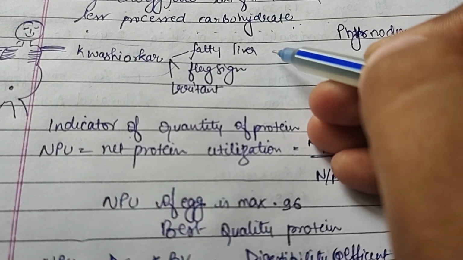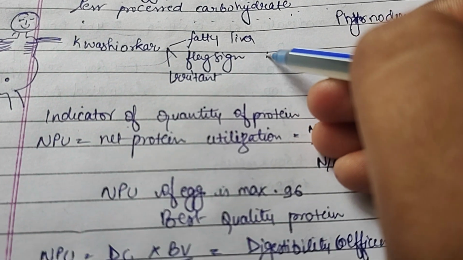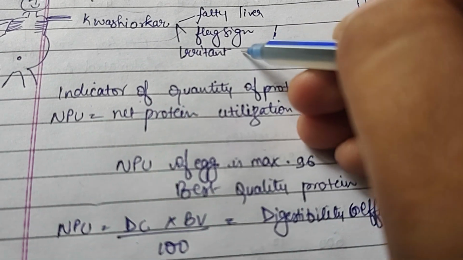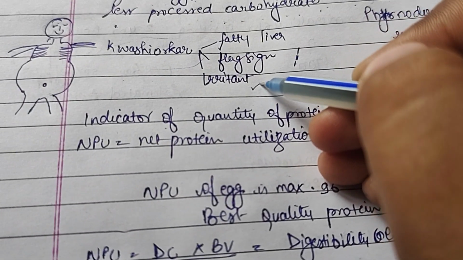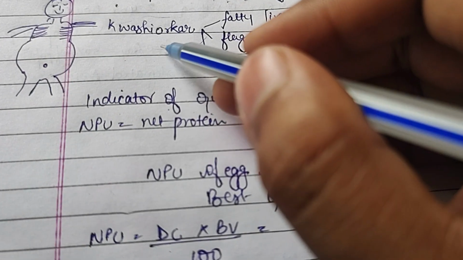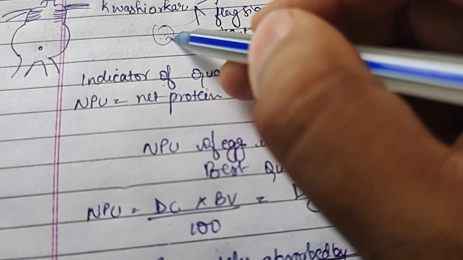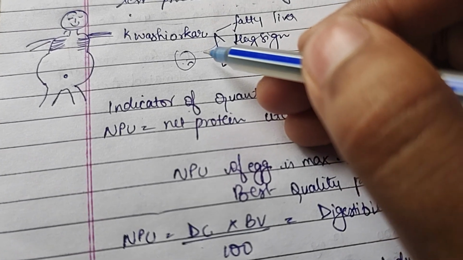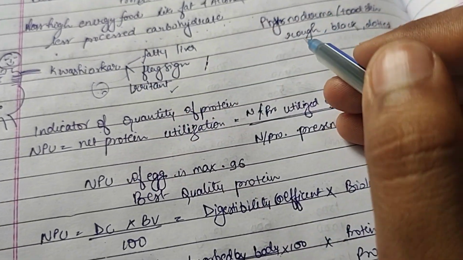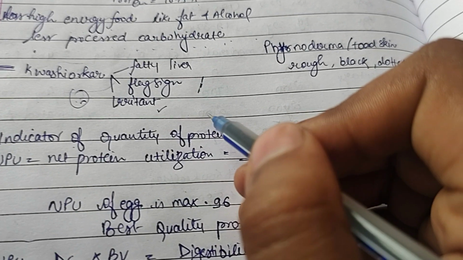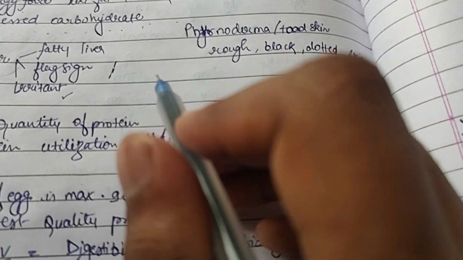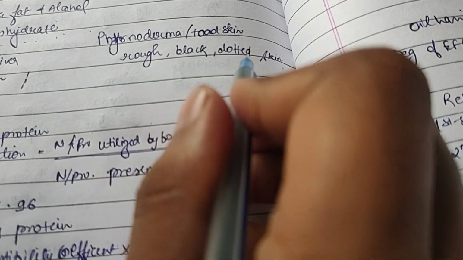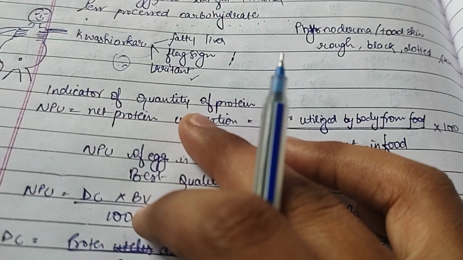Flag sign is seen on the scalp because of patches of depigmentation of hair, then pigmentation, and then again depigmentation. The irritant child with low appetite has a poor prognosis. Marasmus, on the opposite side, has good appetite, so a better prognosis despite having both carbohydrate and energy deficiency. Rough black dotted skin is caused by vitamin A deficiency, essential fatty acids, and vitamin deficiency.